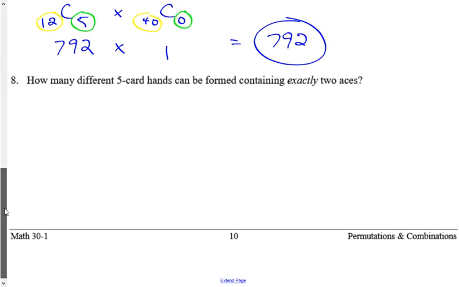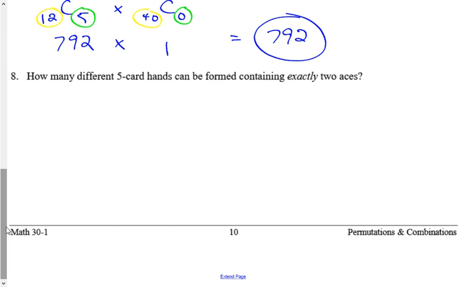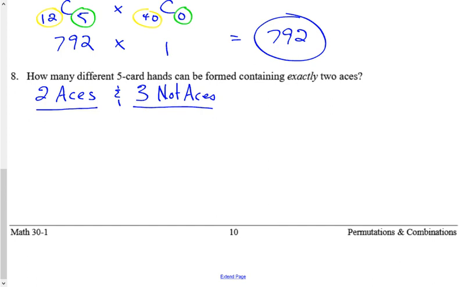Number 8. How many different 5-card hands can be formed containing exactly 2 aces? So I want 2 aces. Is 2 cards enough for a 5-card hand? No. Which means I want 3 cards that are not aces. And again, the ace is the card that has a 1 on it.